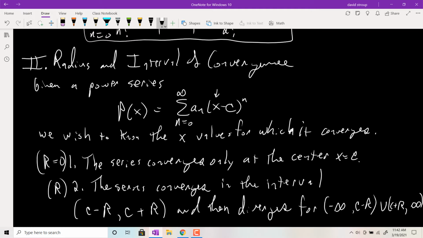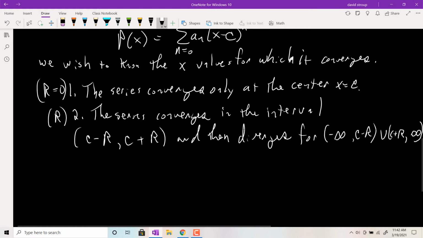In other words, it diverges outside of that interval, but we have to be careful about the endpoints, and we'll have to investigate that a little more closely later.